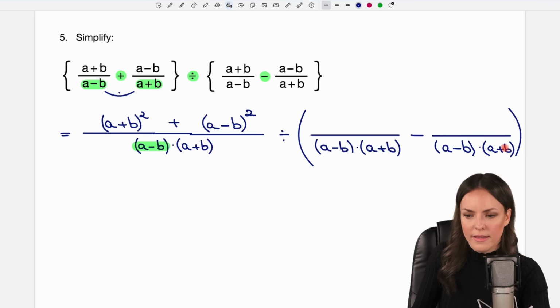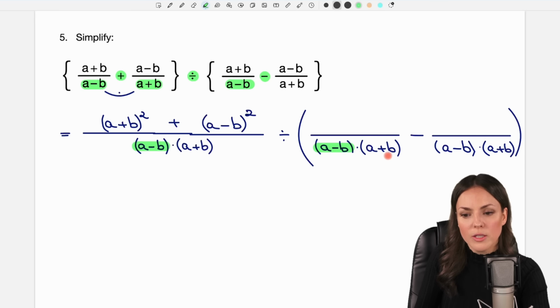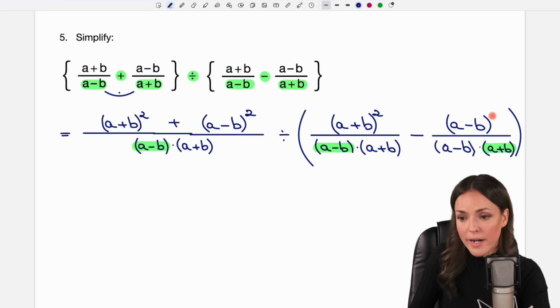And then we rename the fractions. We had a minus b here, so we have to multiply by a plus b. There was an a plus b already in here, so we get a plus b squared in our numerator. And the same here, we had an a plus b, so we multiplied by this, so the same in the numerator, so we get an a minus b squared.